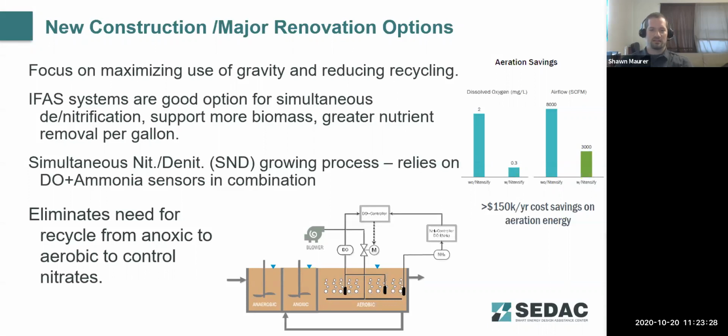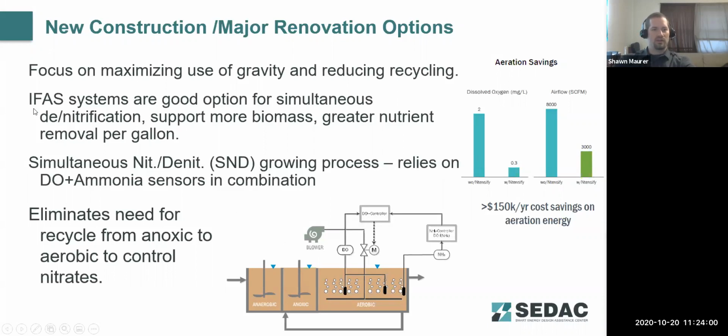And the reason that's done is to reduce the possibility of having oxygen feed into your anaerobic zone and disrupting the anaerobic processes. You wouldn't want to send recycle from the end of your aerobic zone where you've got higher DO levels into the anaerobic portion and disrupt that process. So usually there's those two recycle streams that are added in for new construction plants or existing plants that have a significant energy penalty.